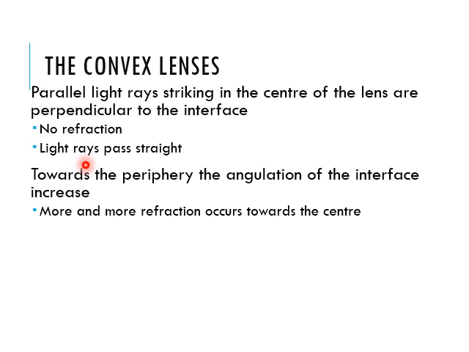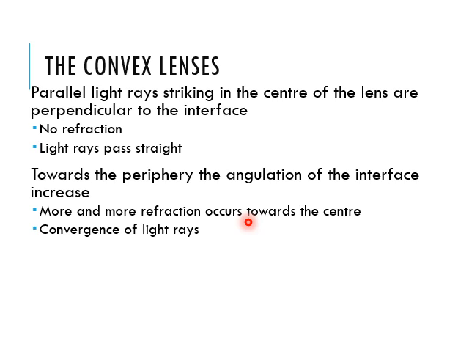This is a rule whether it is a convex lens or a concave lens. And then towards the periphery, since it is angulated, either the sides are thicker or they are thinner, there is an interface difference, so more and more refraction occurs as compared to the center.